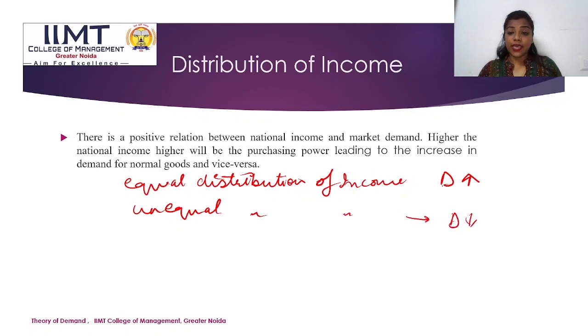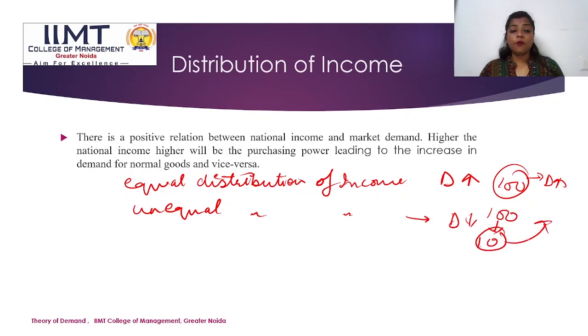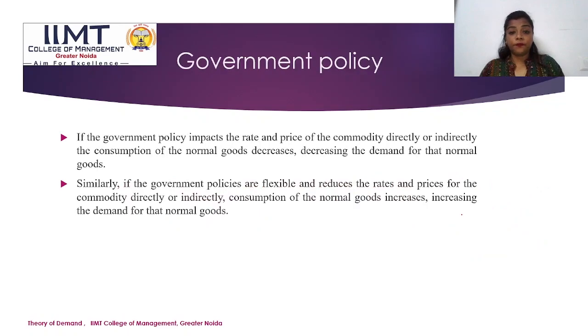As we can say, 100% people will get equal salary, so they will demand more. And if there is unequal distribution, out of 100 people, only 10 will be able to purchase the product. So from this we can say the demand has decreased as compared to the equal distribution of income.